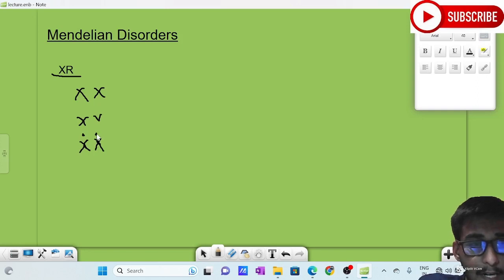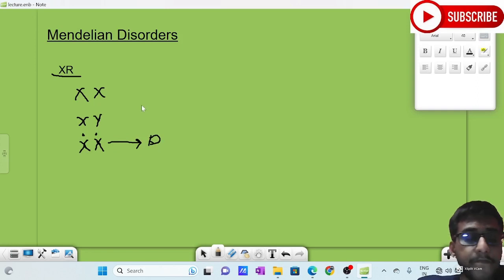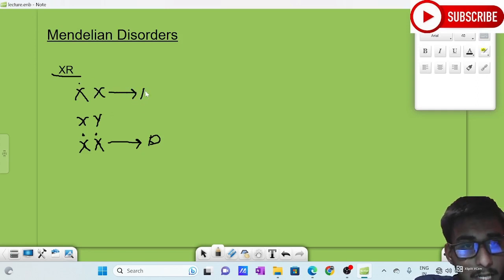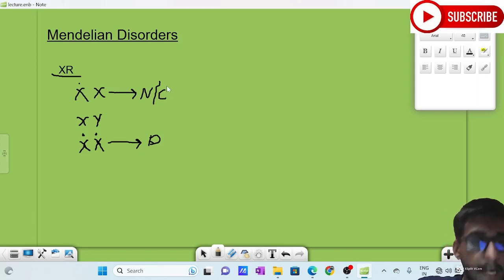I have put a dot for mutation. If both the X chromosomes are mutated, then it will show the diseased condition. When there is a mutation in only one X, then it will show a normal progeny. It will be normal, but it is also a carrier of the disease. We will understand how it works as a carrier.